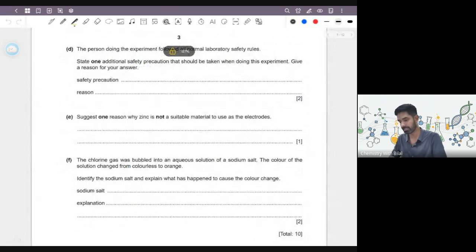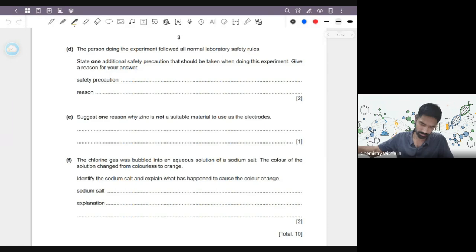Part D, E, and F. Read the statements, everyone, and everyone is answering.